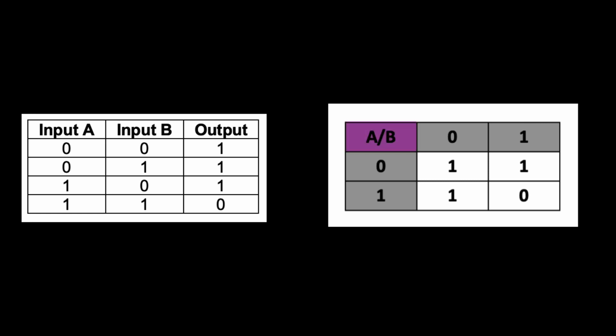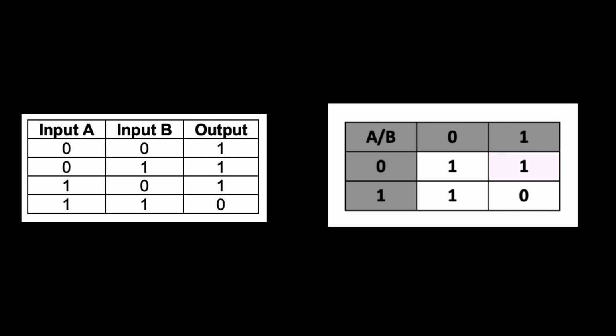The top left cell of the Karnaugh map is a label that tells us that the far left column represents input A, and the top row represents input B. The shaded cells of the map represent inputs to the function. The non-shaded cells of the map represent the outputs for the combinations of the inputs. So, for example, the cell in the middle of the map represents the result when input A is 0 and input B is 0.